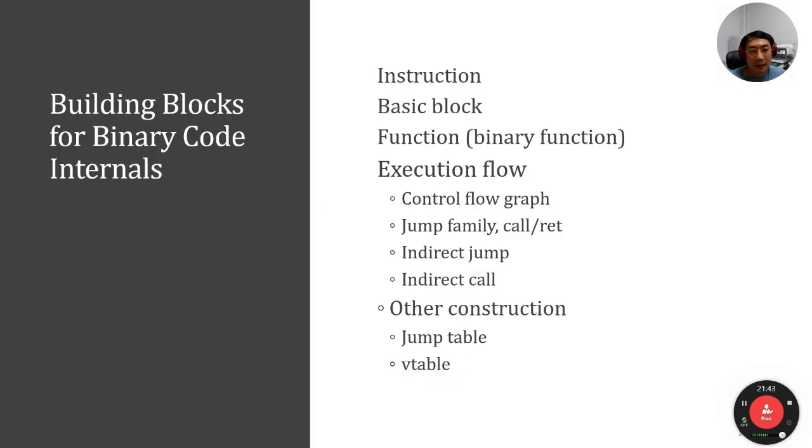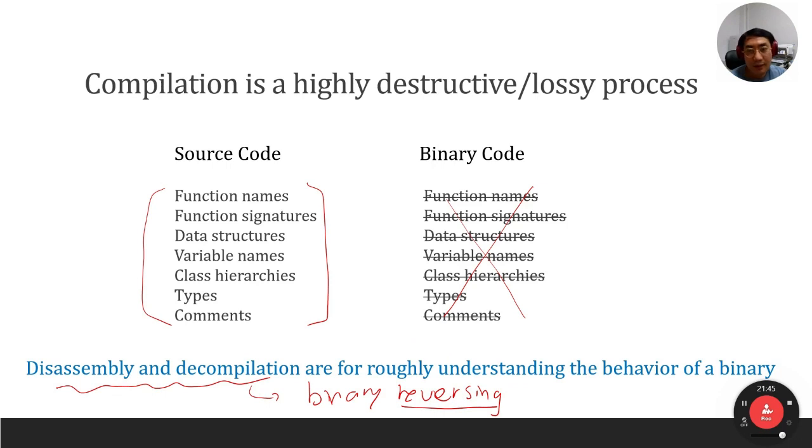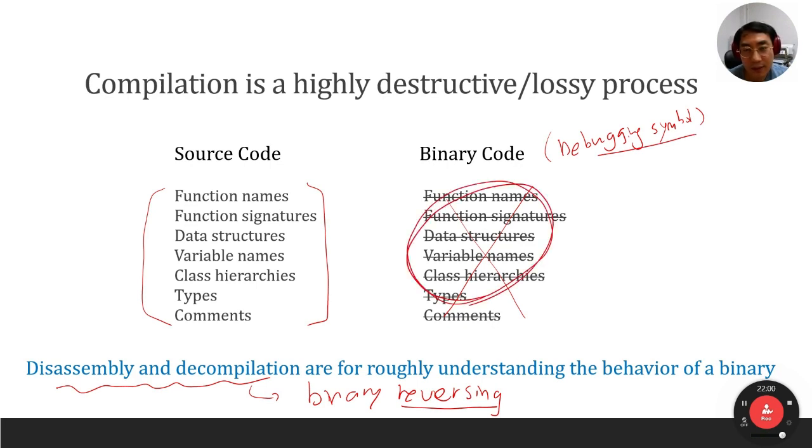And here, if you produce a binary code with a debugging symbol, then most of this information, but comments, is available, because the debugging symbol contains the debugging information.